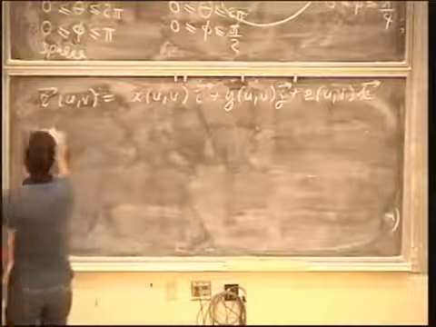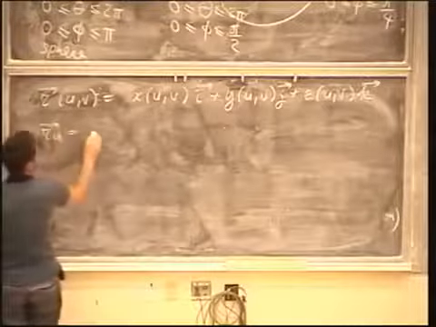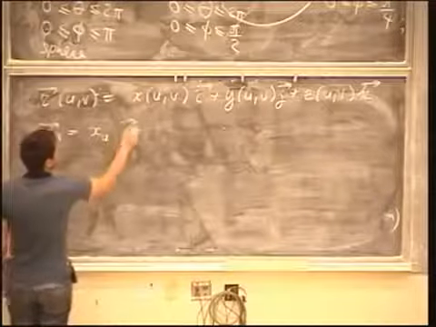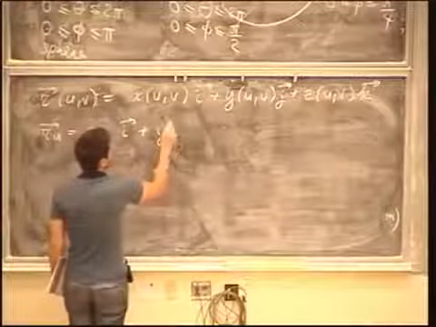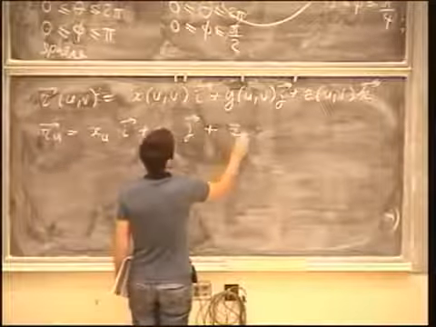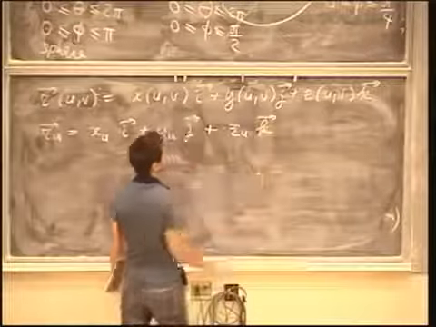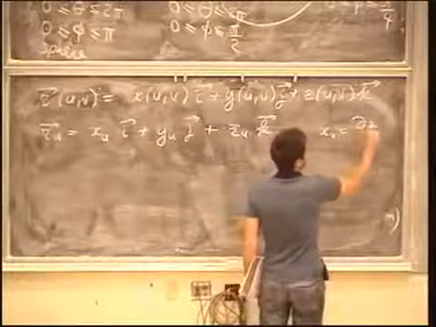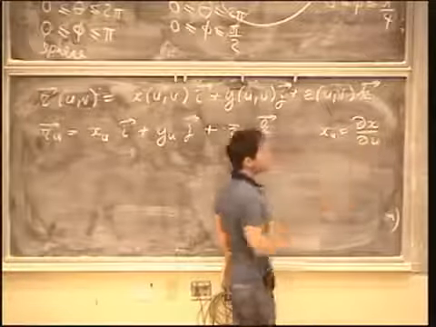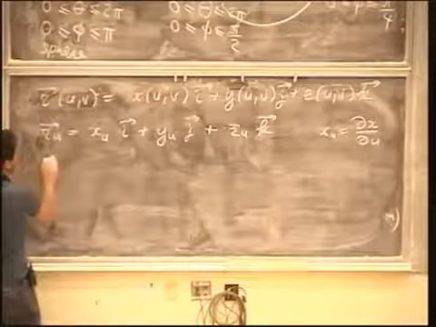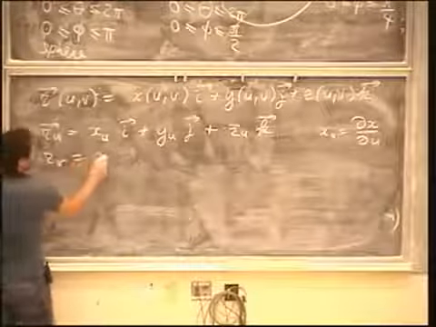If I want to take r sub u, that just means taking the derivative of x with respect to u times i plus the derivative of y with respect to u times j plus the derivative of z with respect to u times k. What I mean by x sub u is just dx du, but it's faster to write it like this. And likewise for r sub v it is x sub v i.